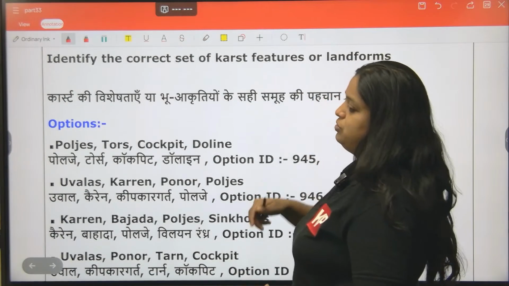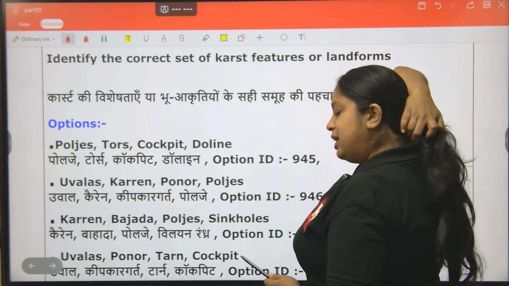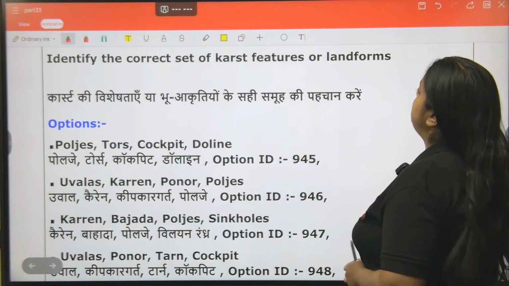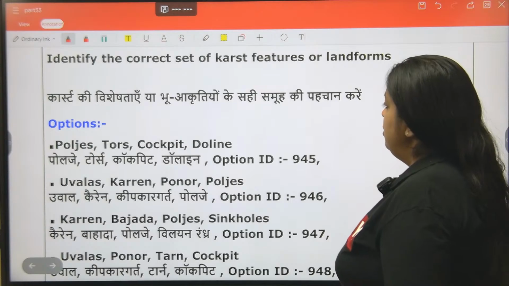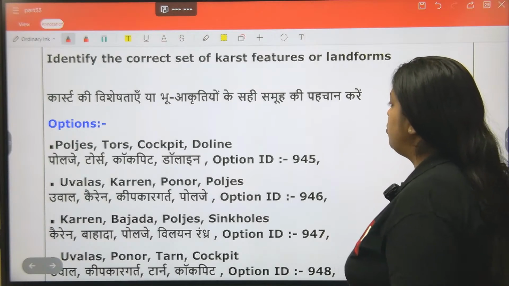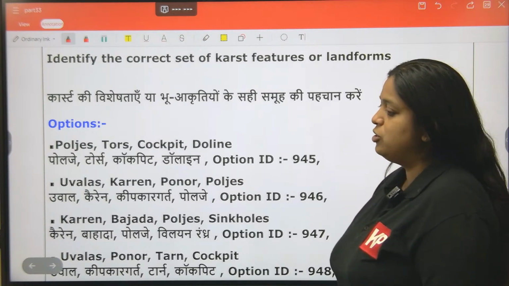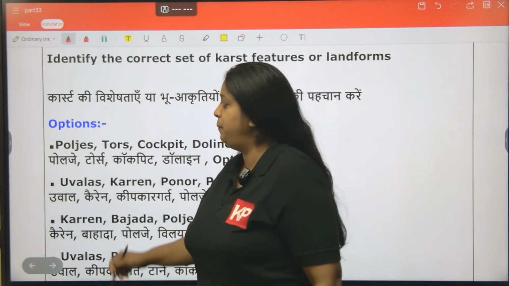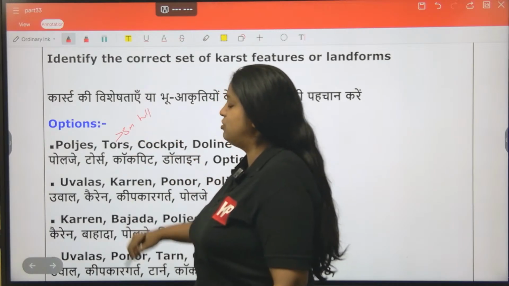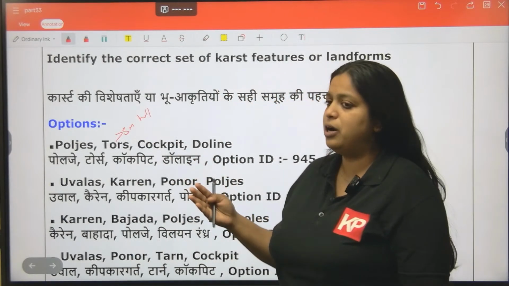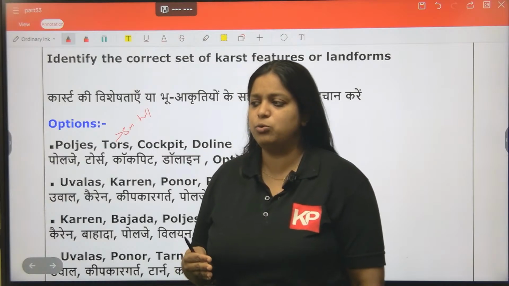Another geomorphology question: identify the correct karst features or landforms. This is the question. Polje, tors, cockpit and doline. What are tors? Tors are hills more than 5 meters in height. They are not associated with karst topography.